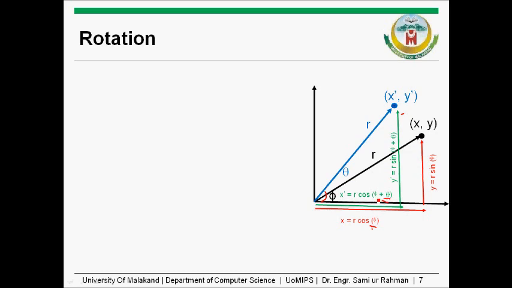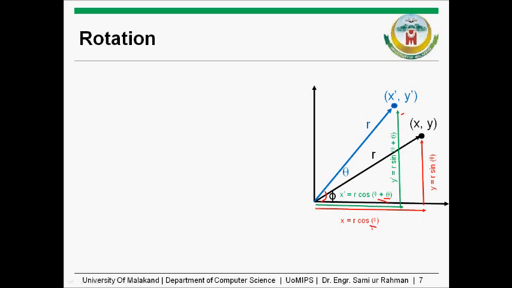Is it clear? Similarly, for the y component we have the whole angle, phi plus theta, so y prime is equal to r sine of phi plus theta. Clear? No confusion?